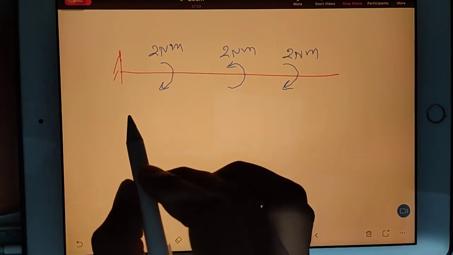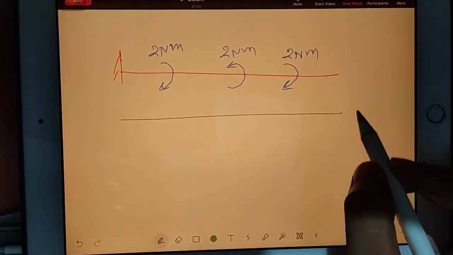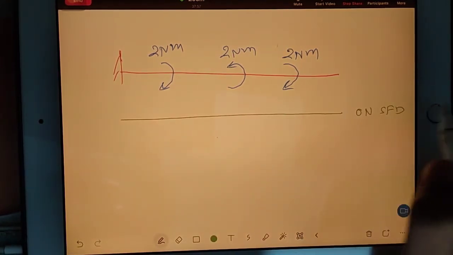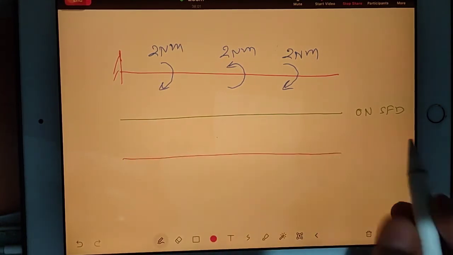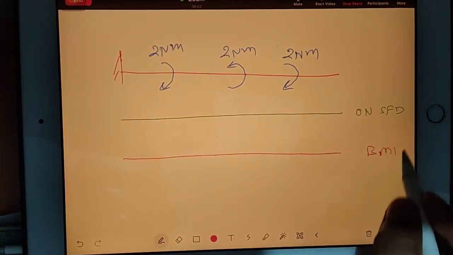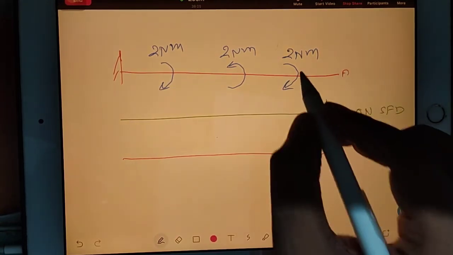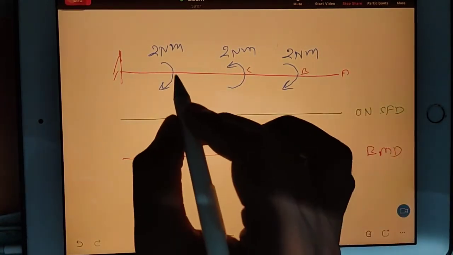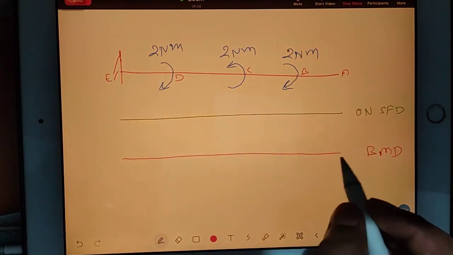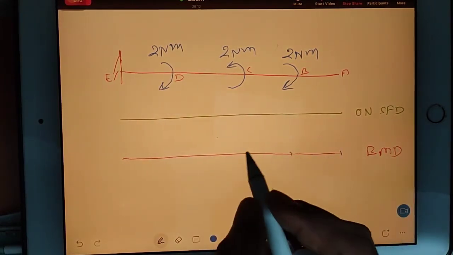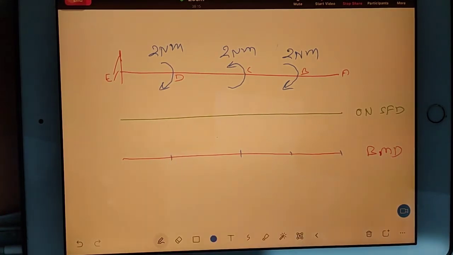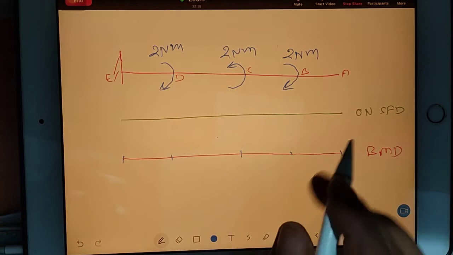So here you have to draw the 0 Newton SFD and then your BMD. If this is your A, B, C, D, E, we can split here. Draw the BMD on my screen.